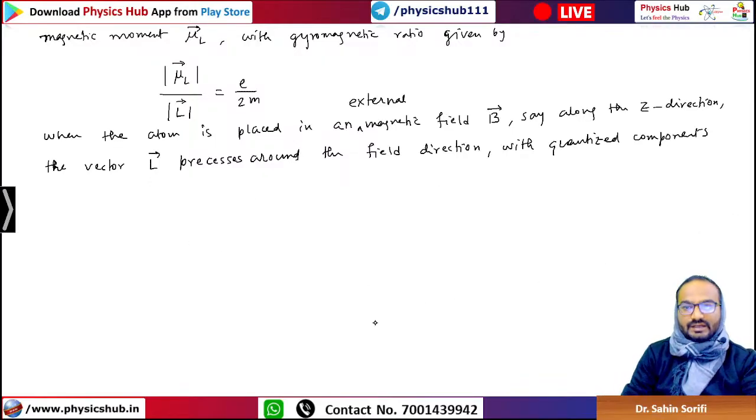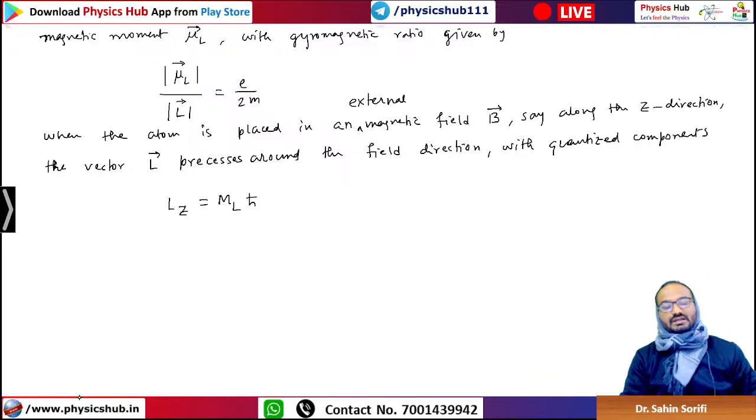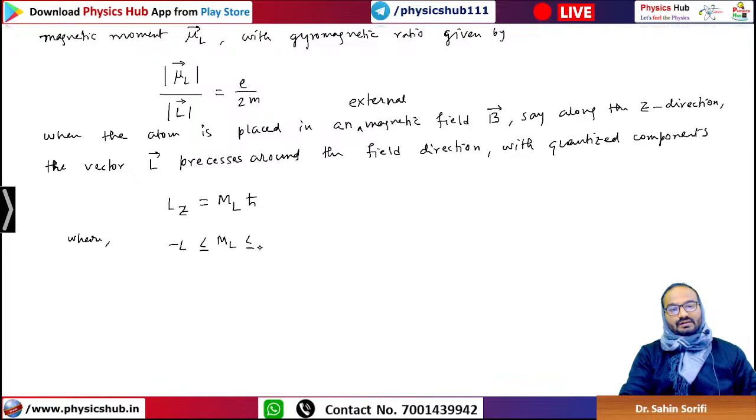We don't need to write this much every time. For the anomalous Zeeman effect, we can ignore this M_L h-cut, where M_L can take values between minus L to plus L.